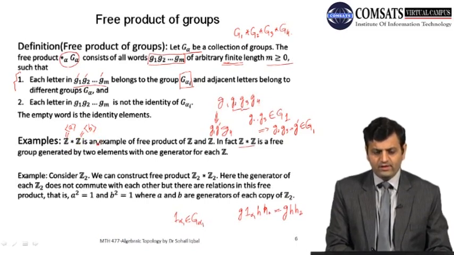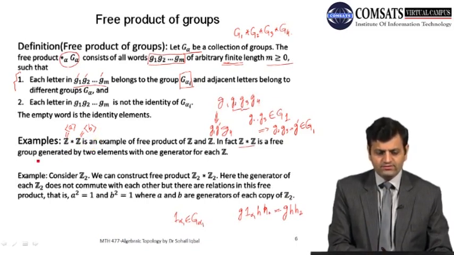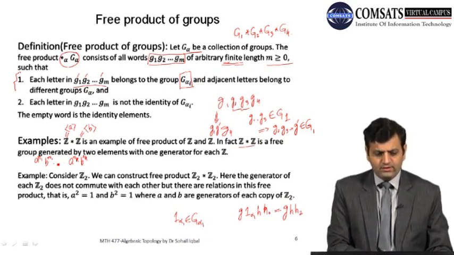Now when we take the free product, we are not adding any relation. What we are doing is just writing down the elements. So for example, A^N1, B^M1, and so on, A^NK, B^MK. Remember, we can't write down two elements from the same group.